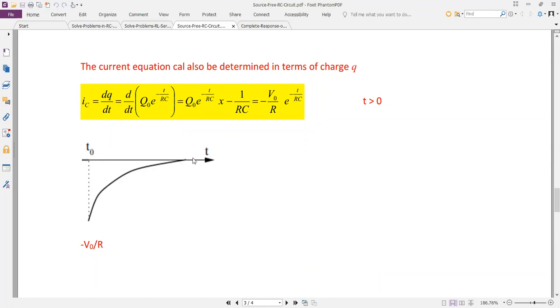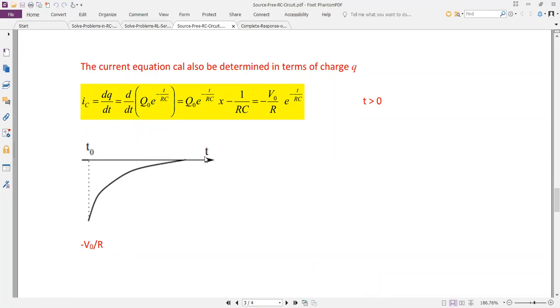So again, there's an exponential decay in the value of the V sub O over R in this case, because as time proceeds to t, you have the value reaching this particular line.